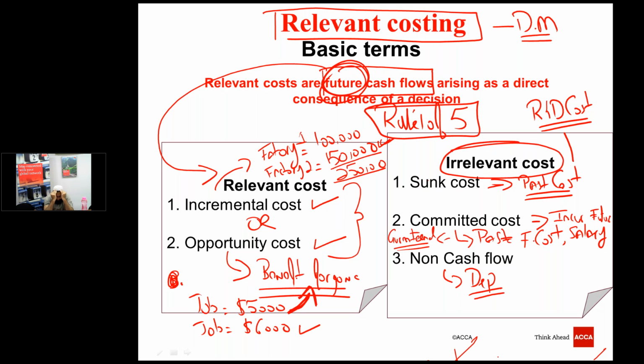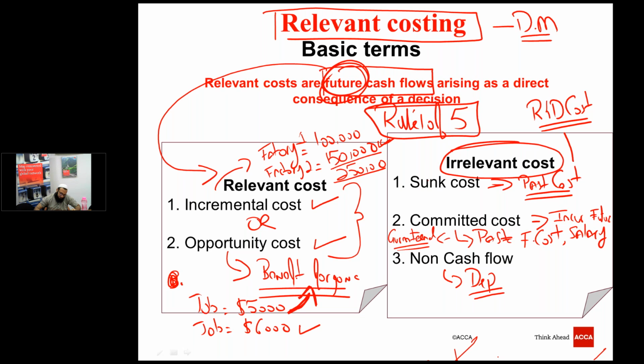And if the cost is irrelevant, it will be either sunk or committed. Sunk means already incurred in the past. Committed means will be incurred in the future, but the commitment was made in the past, so it's irrelevant. And non-cash flow.